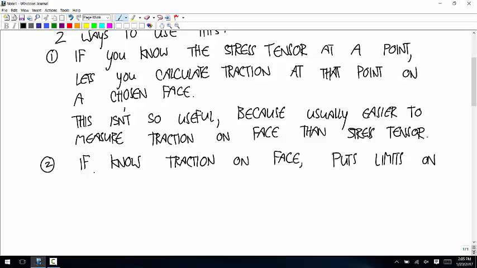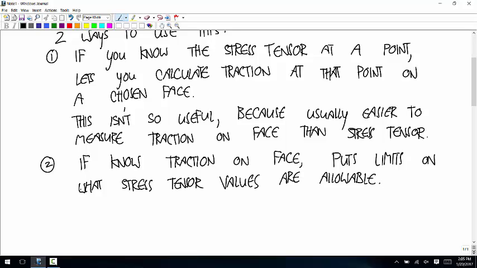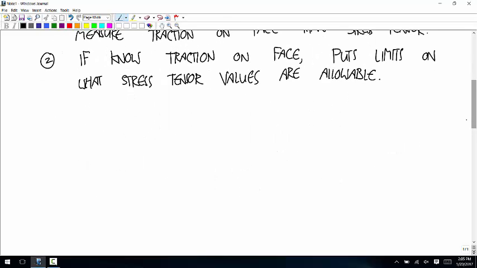Let's say it puts limits on what stress tensor values are allowable. So this is the one that ends up being more useful most of the time in continuum mechanics. So I'm going to do an example of each of these.